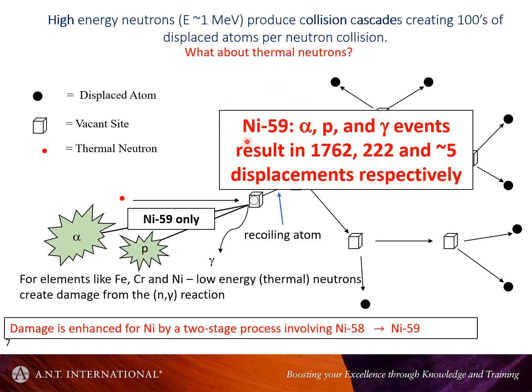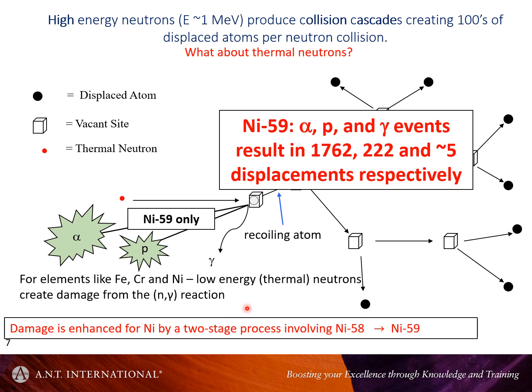And nickel-59 itself has a very, very high cross-section, the probability of reactions to give alpha, proton, and gamma reactions. And this enhances the damage.